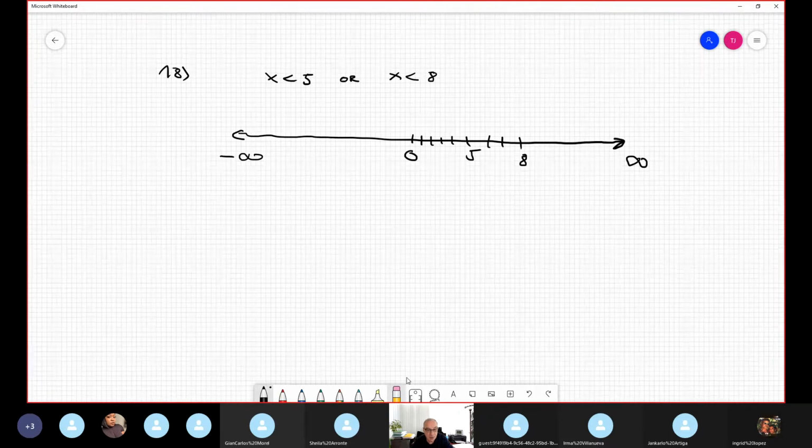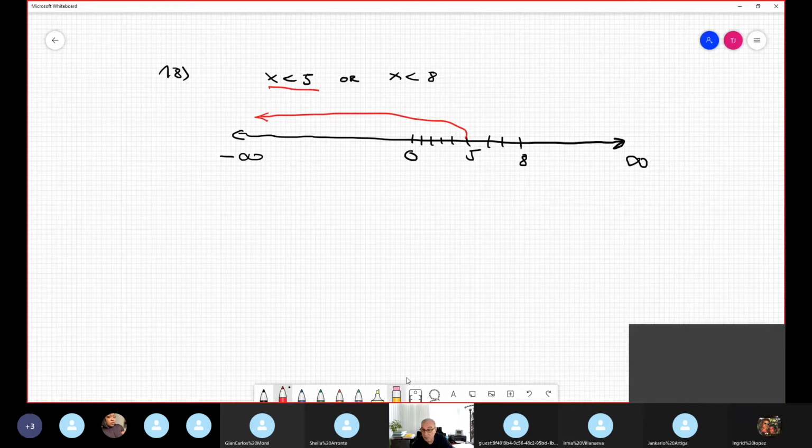The first inequality, let me use red color, is from 5 to the left, in that direction, and does not include 5, of course, because it's less than. Parentheses is the symbolic way.